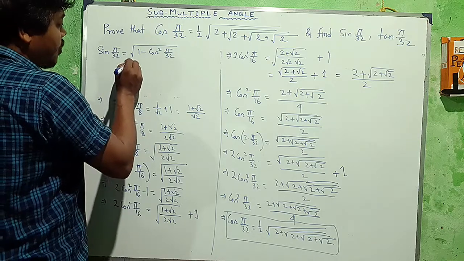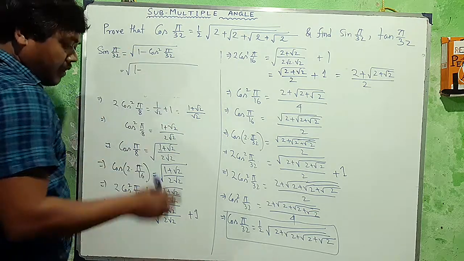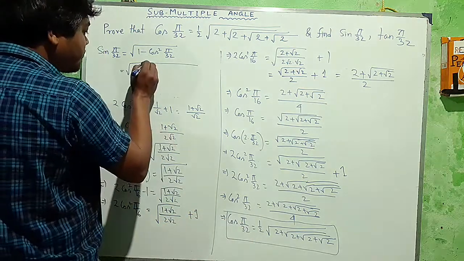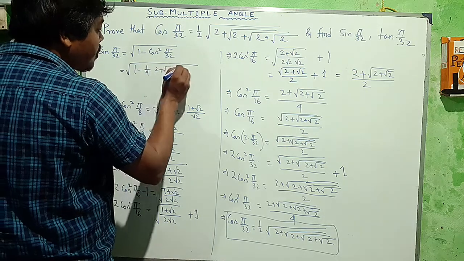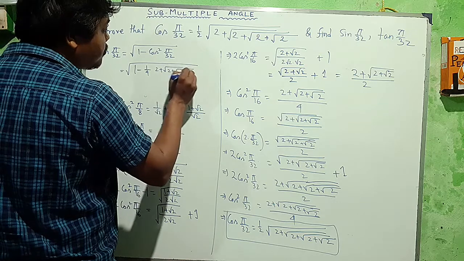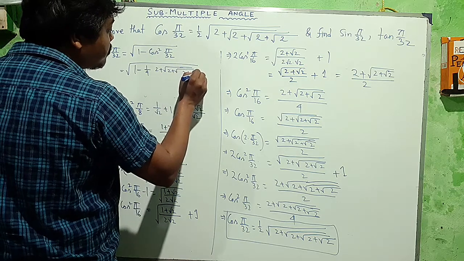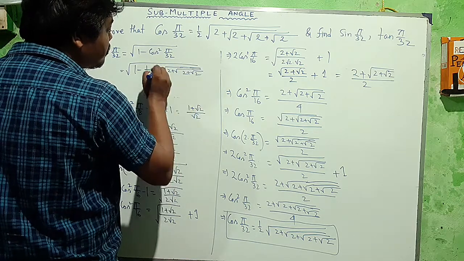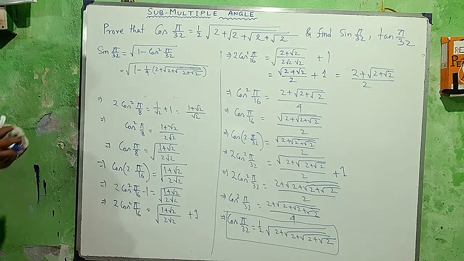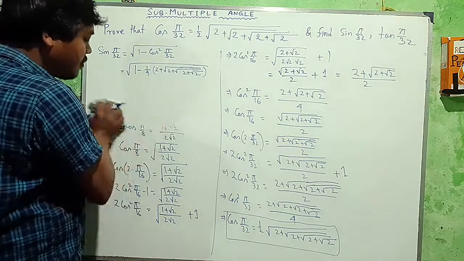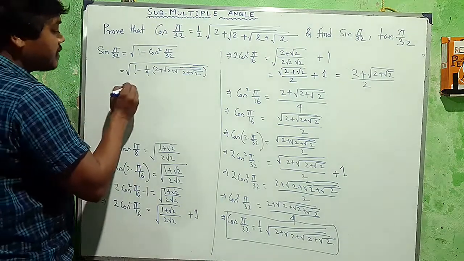So square root of 1, and if I square it, that gives 1 minus 1 by 4, 2 plus square root of 2 plus square root of 2 plus square root of 2. Okay. So now simplify it.